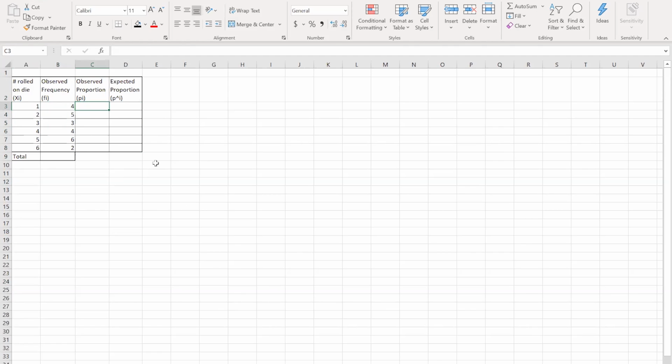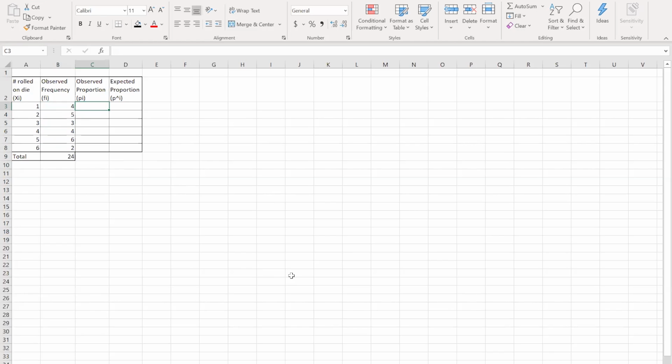Okay, so first off, let's just find the total. The sum of these observed frequencies gives us the number of times we threw a die. So we threw a die 24 times. And this is the distribution of how many times we got each number.